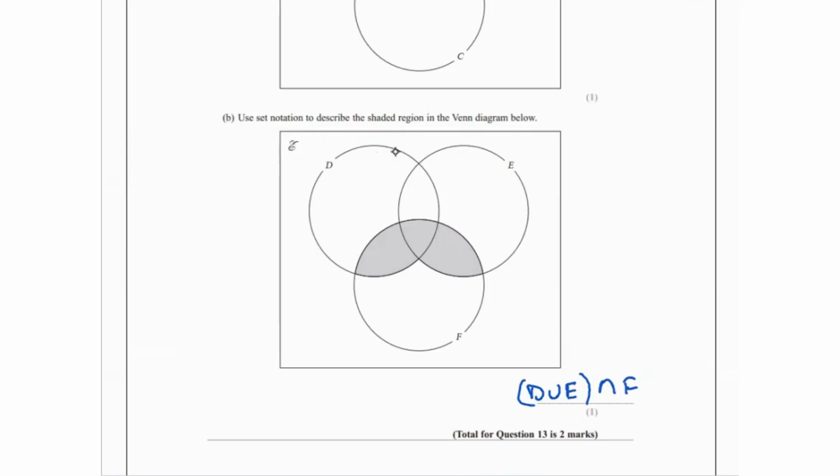If we highlight it, this is D union E, but intersecting with F, so that's just this part. So D union E intersection F is your answer.